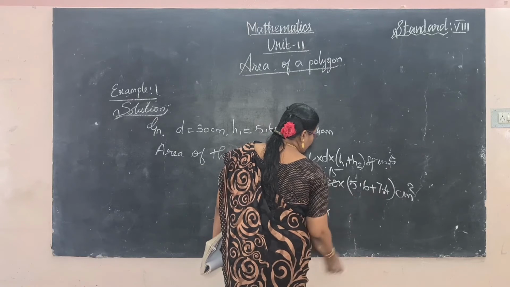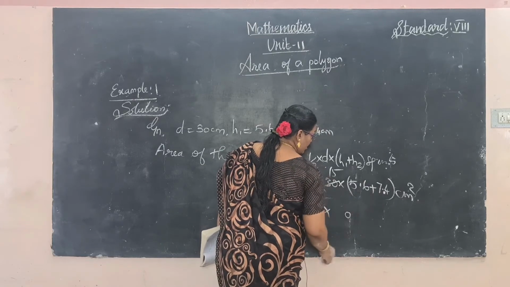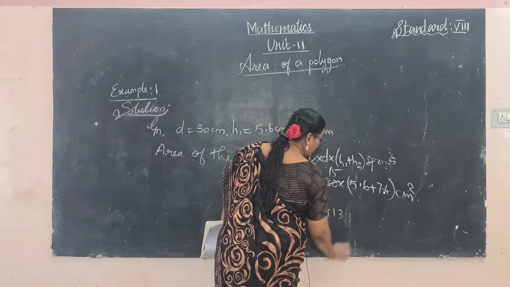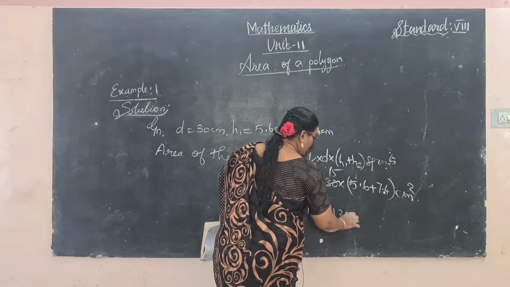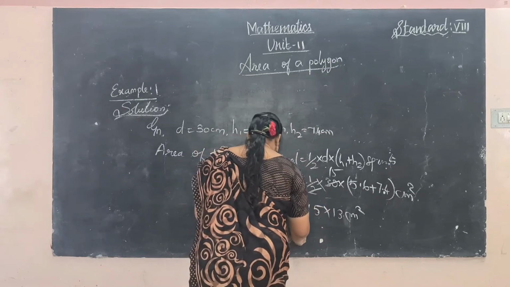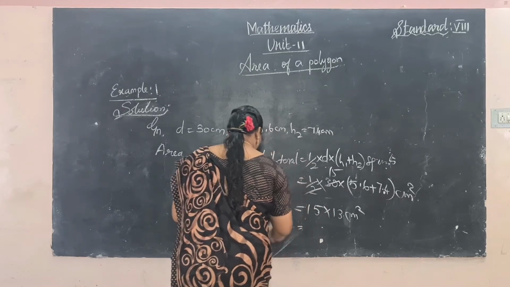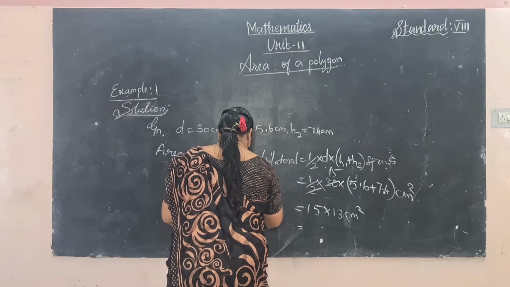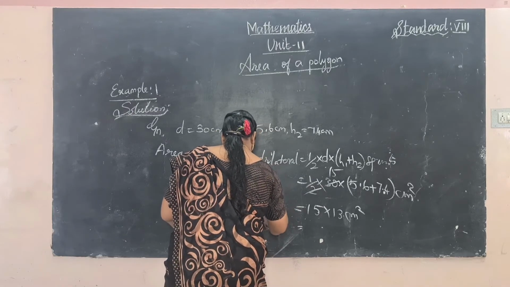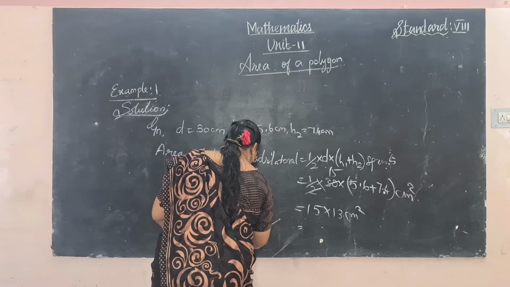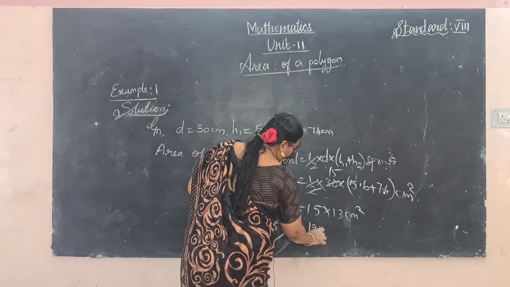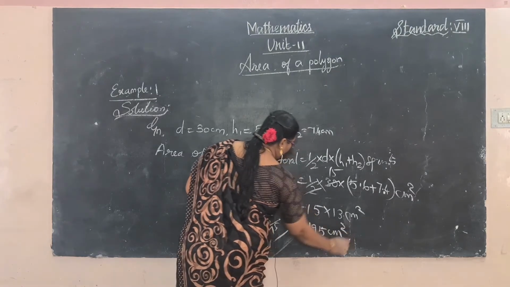Add these values, 13. So need not write .0. So centimeter square. Now multiply 15 into 13, which is 195 centimeters square.